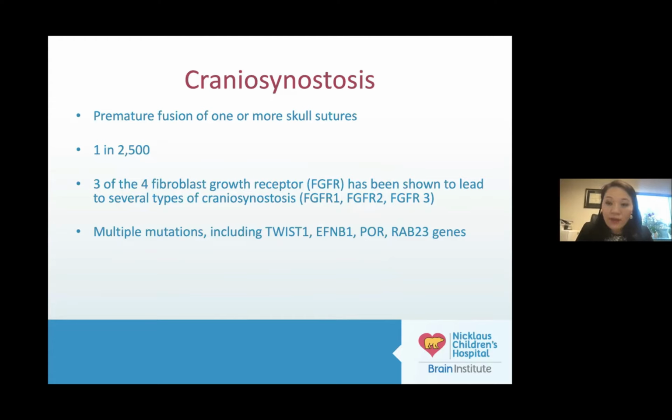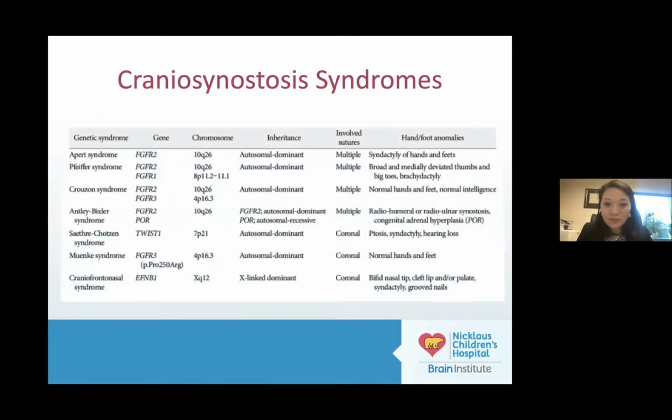The craniosynostosis genes that we have discovered over the past couple of decades include 3 of the 4 fibroblast growth factor receptor, or FGFR, genes that may lead to several different types of craniosynostosis, and those are FGFR1, FGFR2, and FGFR3. Other mutations, including the TWIST gene and also RAB23, have also been associated with craniosynostosis.